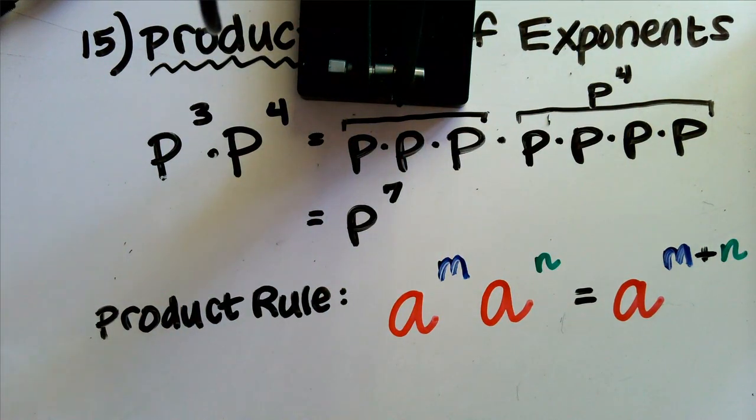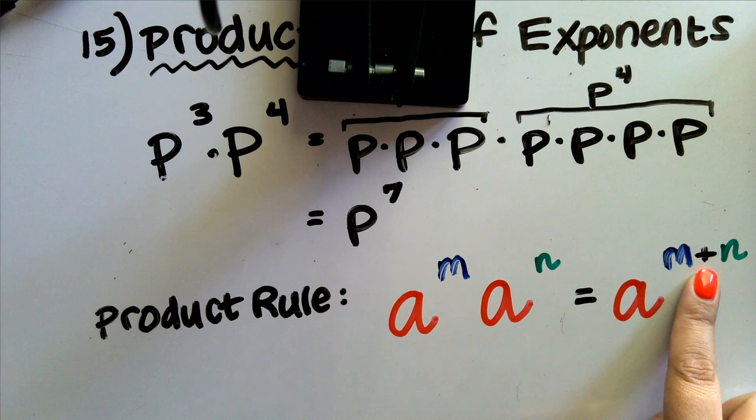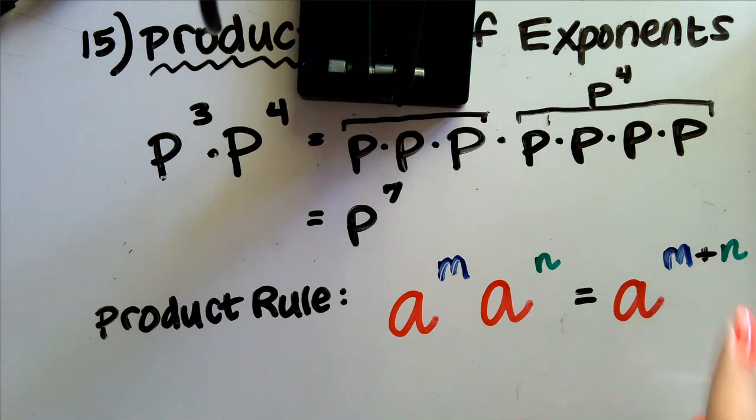That right there is our product rule. Whenever we have the same base being multiplied together, all we need to do is add the exponents together.